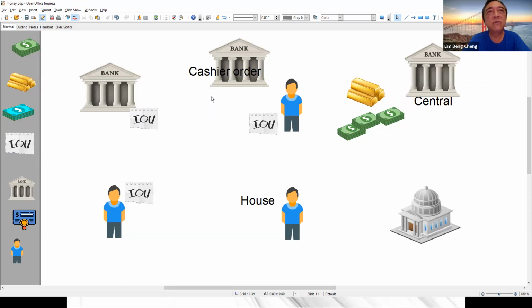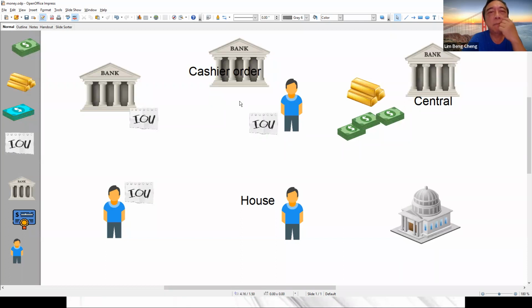So the bank will definitely issue a cashier's order out, and receive a cashier's order from another bank. So in the end, the banks internally can contra each other out. But they don't need a lot of money.